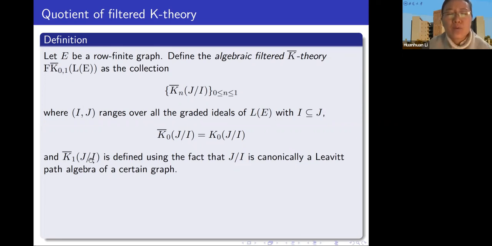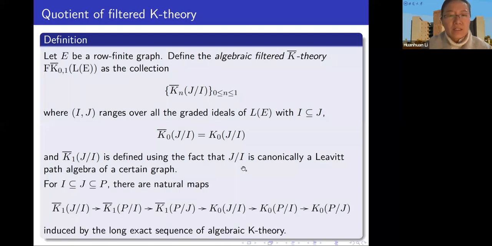Here Q1 bar for the quotient can also be defined, because this quotient is also isomorphic to a Leavitt path algebra. Moreover, for three graded ideals of the Leavitt path algebra, there are natural maps from K1 bar to K1 bar and then to K0. Here it is induced by the long exact sequence of algebraic K theory.